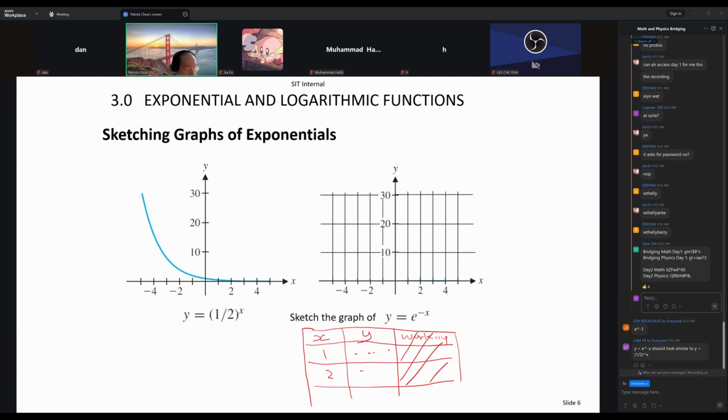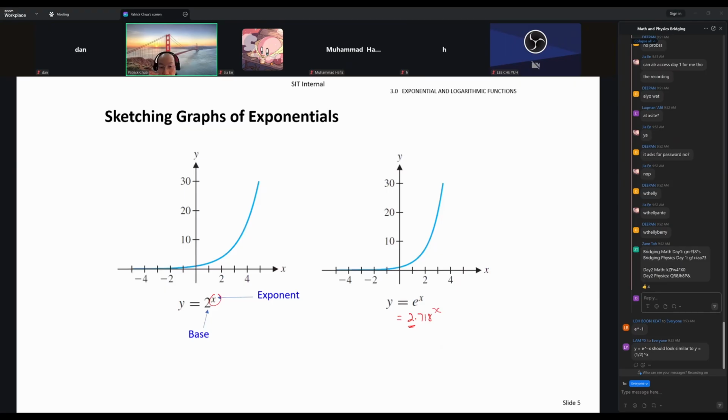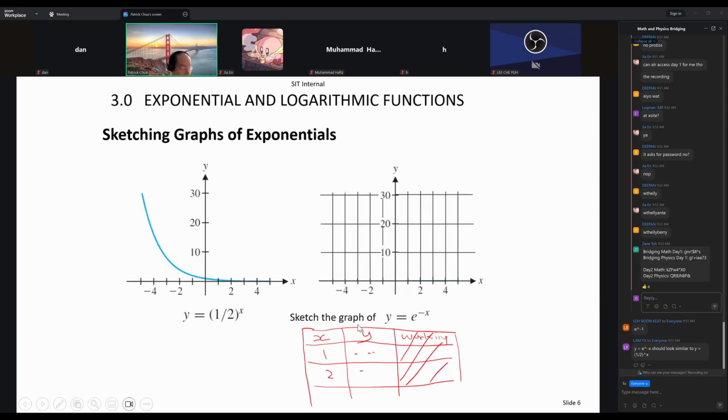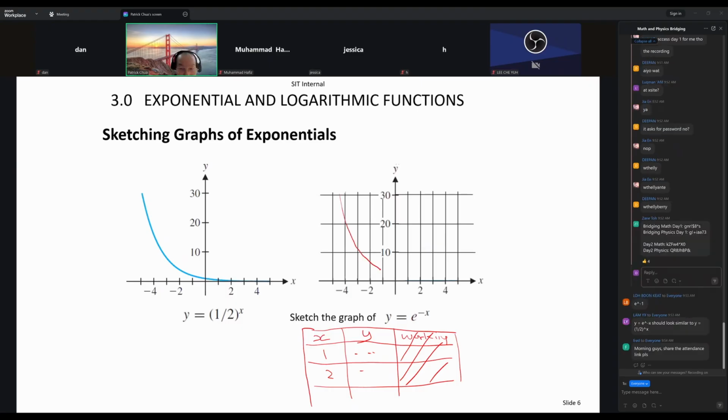And it should look, let me see where I got it. Oops. Okay, it would look similar to the one on the left. I just do a sketch, something like that. It will look something like that.